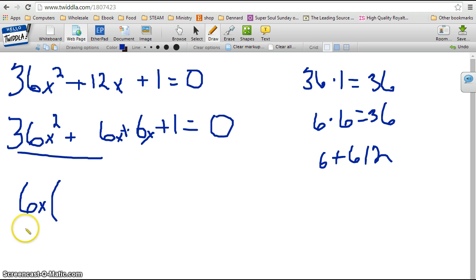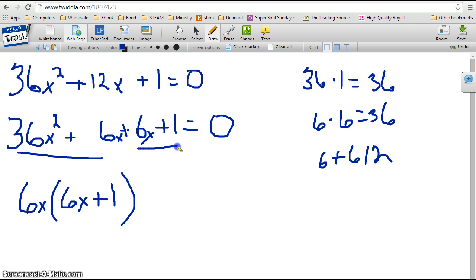So 6x times what number gives me 36x squared? That's going to be 6x. Plus 6x times what number is going to give me 6x? That's going to be 1.